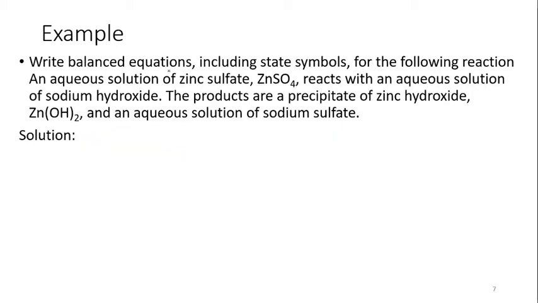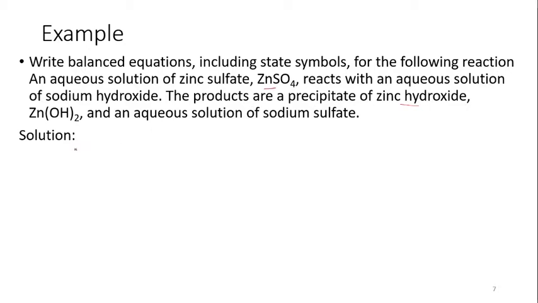Write balanced equations including state symbols for the following reaction. An aqueous solution of zinc sulfate reacts with an aqueous solution of sodium hydroxide, and the products are a precipitate of zinc hydroxide and an aqueous solution of sodium sulfate. So first I have to write my equation.